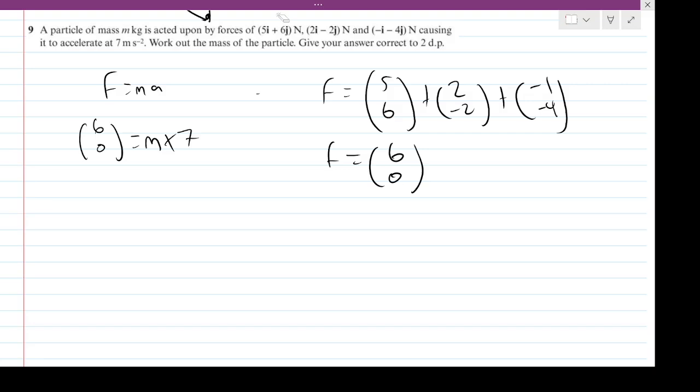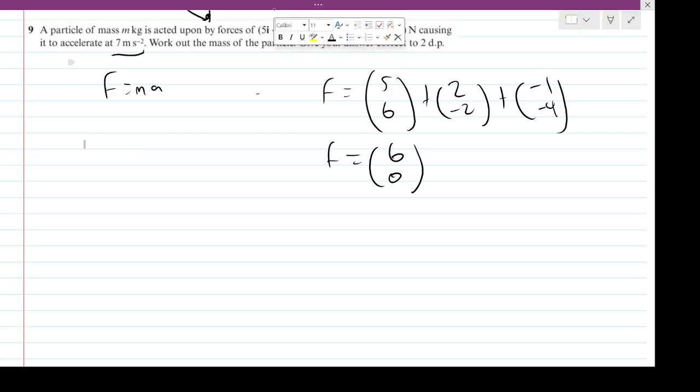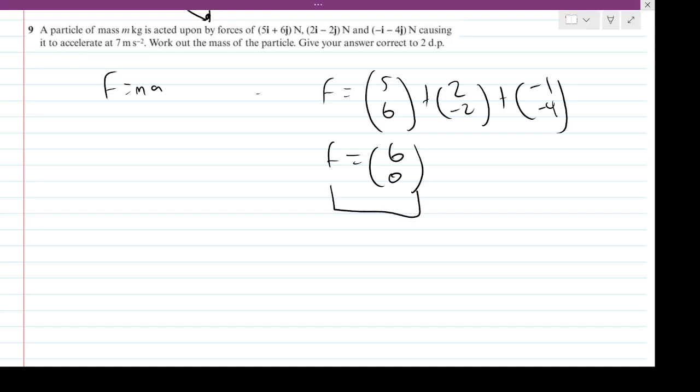So obviously there's no way we can convert the number into a vector. We can't convert the acceleration of 7 into a vector. We don't have enough information there, unless we know the mass, but we want to find the mass. But we know the force is a vector, so we can go the other way.